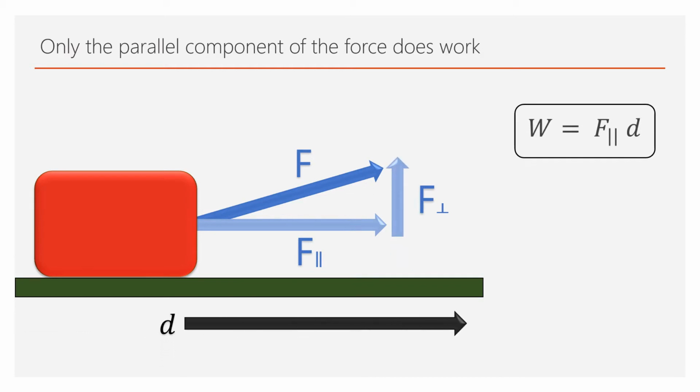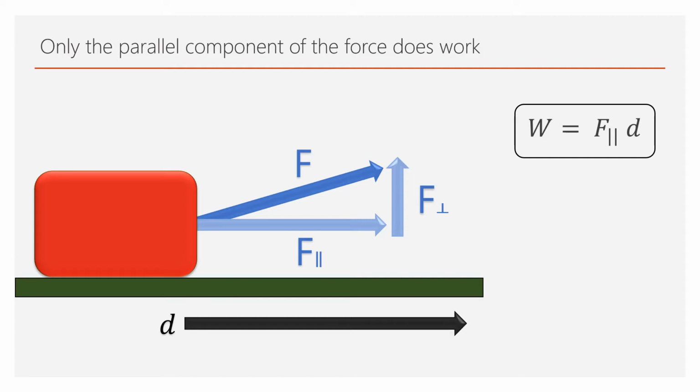So it makes sense that a larger force will do more work, and a force that displaces an object by more distance will also do more work. And so the work done will be a product of these two.